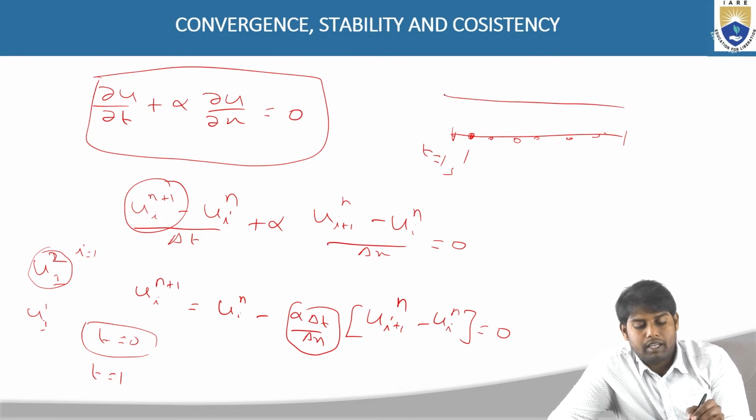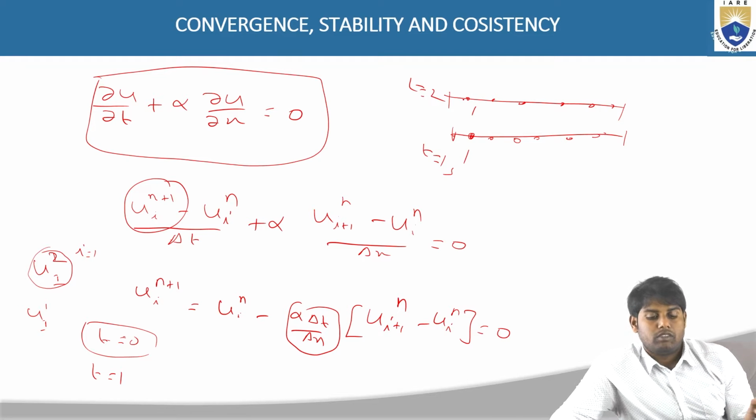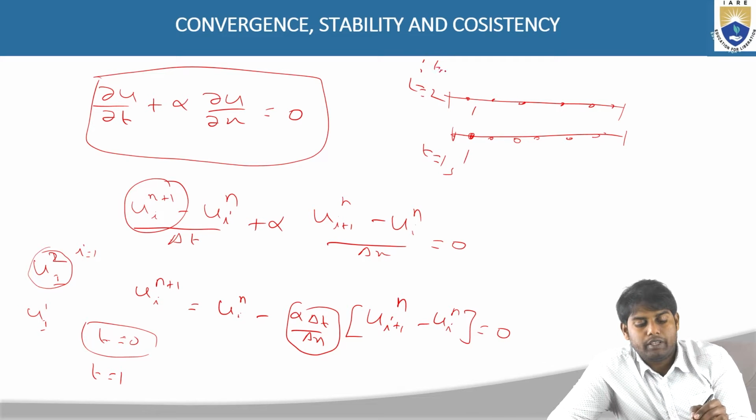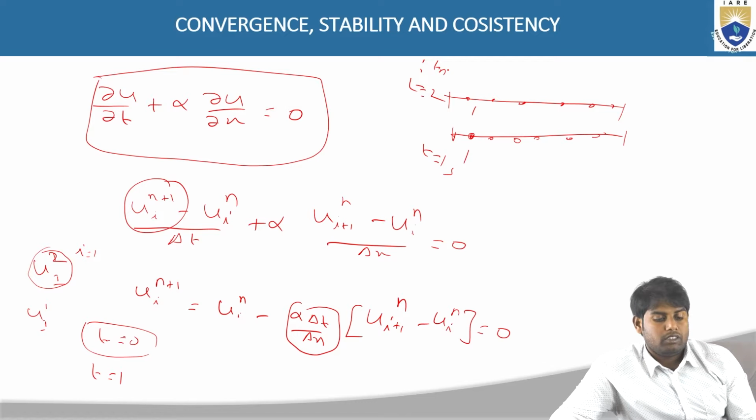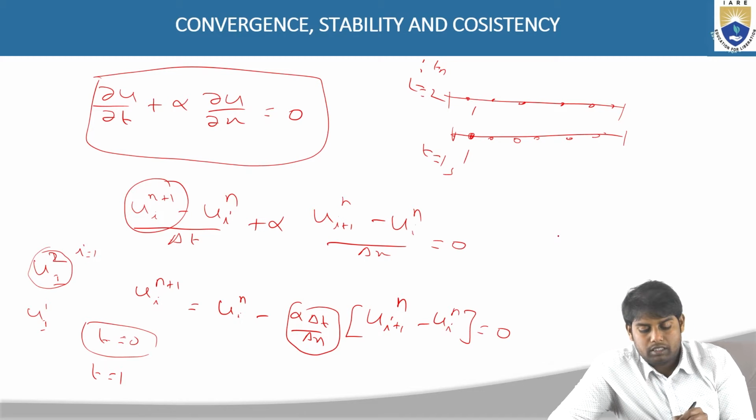So another time level, t is equal to 2 seconds. Okay, so on t is equal to n seconds. So what we do is, basically it's u of 2 minus u of 1.